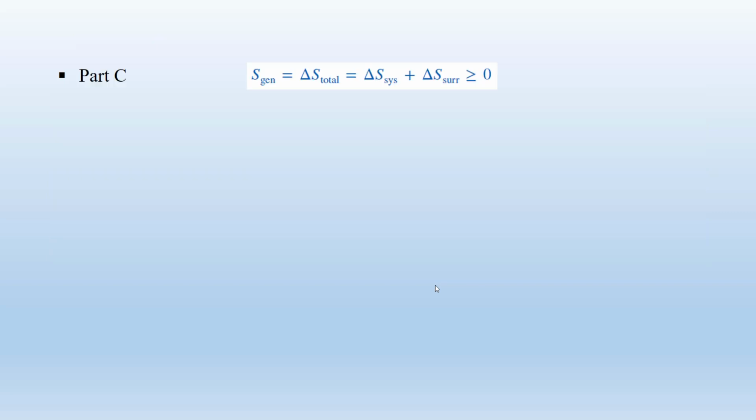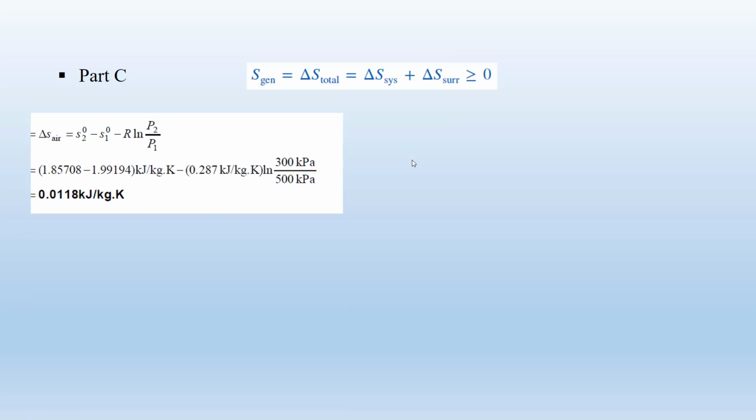Okay, so based on the definition, the S generation is a combination of the delta S for system and surroundings. So you need to calculate the delta S of air and delta S for surroundings. For the delta S of air, you actually have two different equations. Here you are asked to use the variable specific heats, so you need to use this correlation.